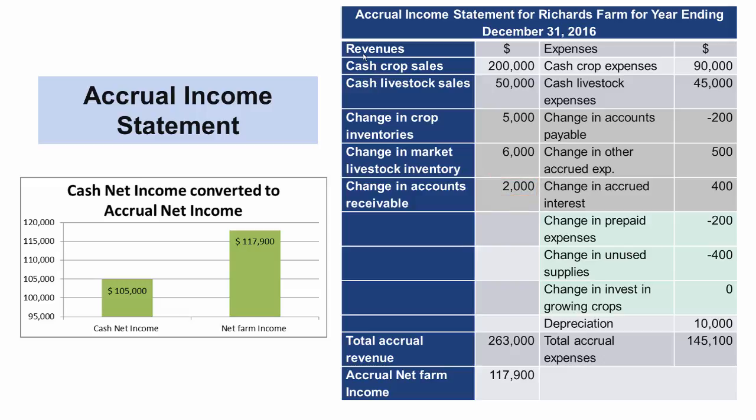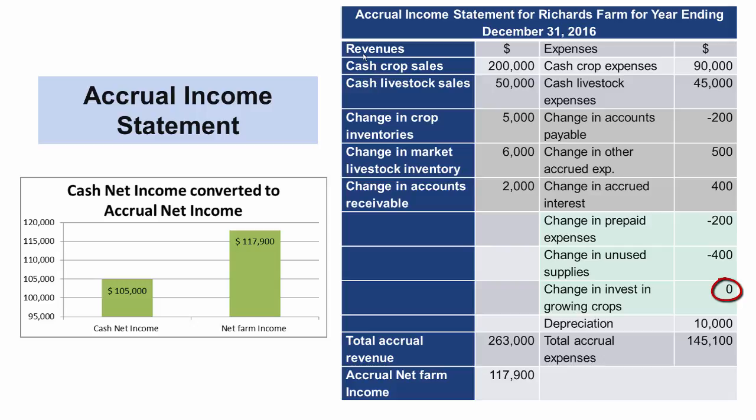Under expenses, he lists the changes in accounts payable, minus $200, and accrued expenses, $500 and $400 in gray, and the prepaid, minus $200, unused supplies, minus $400, and investments in growing crops, zero, in green.